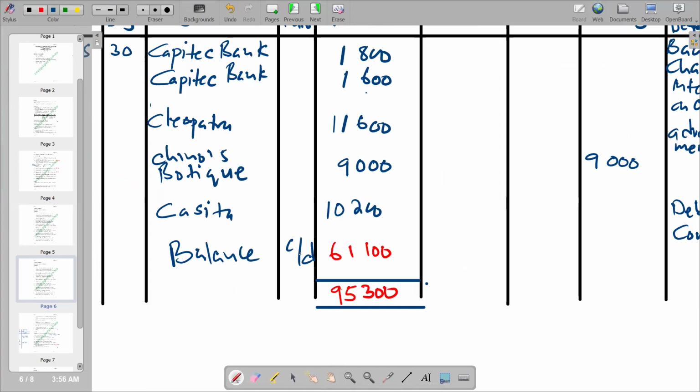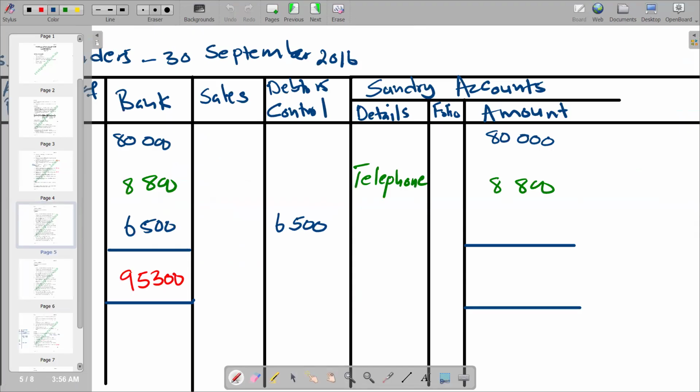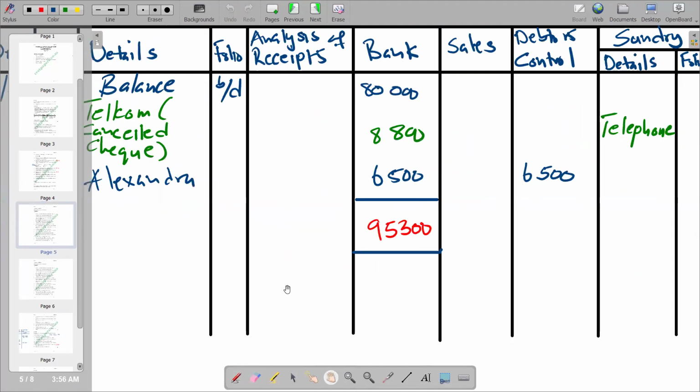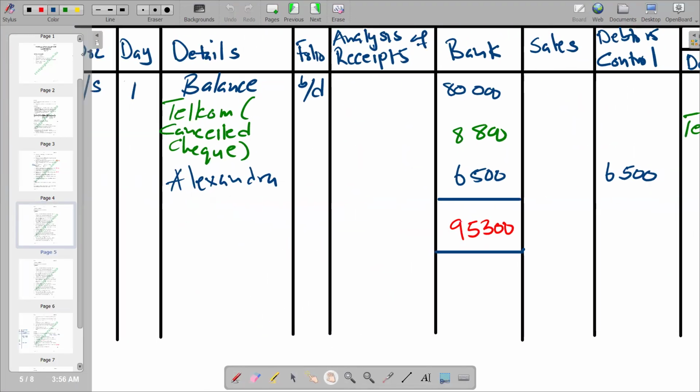So this balance CD should go as a balance BD on the debit side. So here it's supposed to come as our balance BD. We got our balance BD is 61,100.